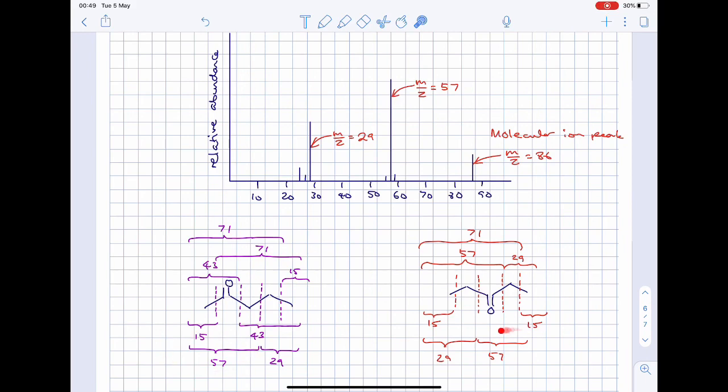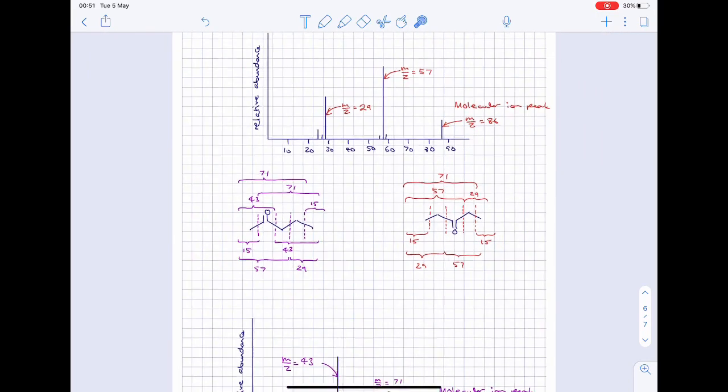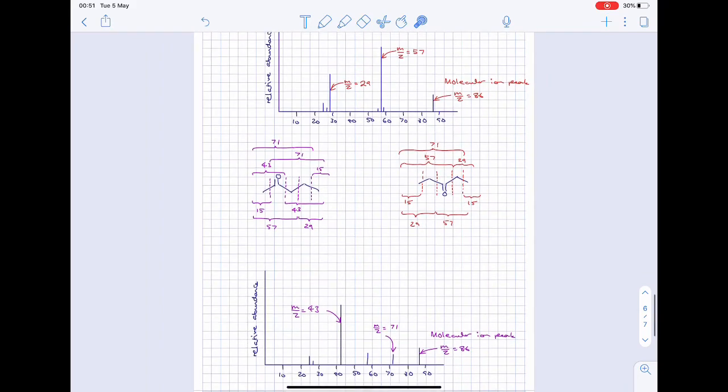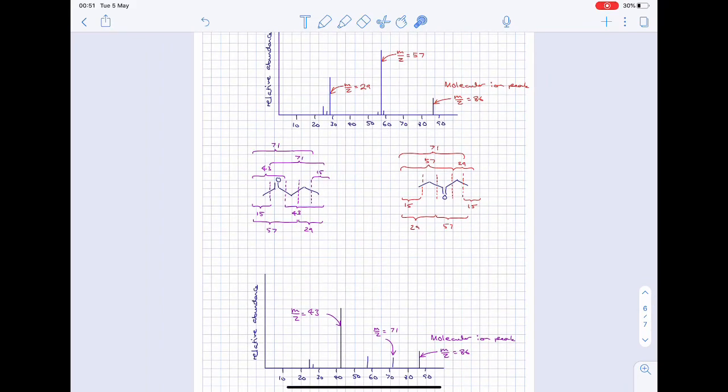So in the A-level exam, you're not expected to be able to tell which of these two compounds will form this spectrum. But these two compounds, interestingly, have different mass spectra and they look slightly different. So I've sketched them here. So the pentan-2-one has this mass spectrum and the pentan-3-one has this mass spectrum.